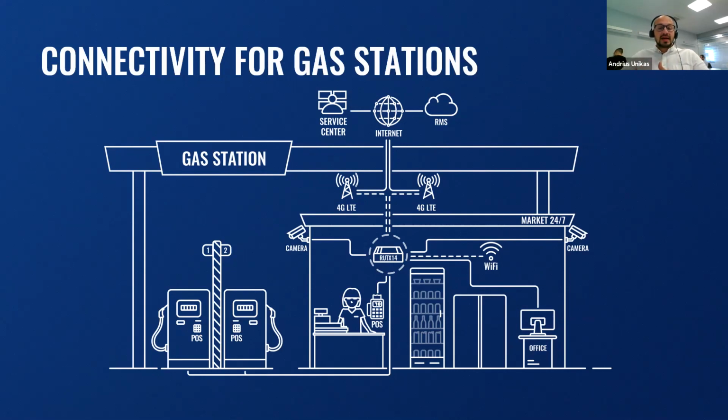Surveillance cameras inside and outside of the petrol station, point of sale POS terminals, digital signage screens, that require quite a speedy connection, network stability, and broad data bandwidth. These devices connect to the router via Ethernet cables through 5 gigabit ports available on this router.